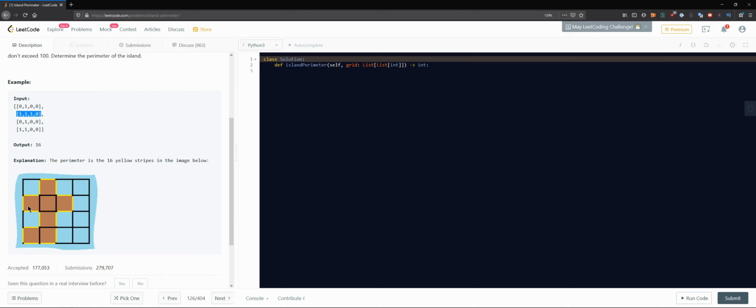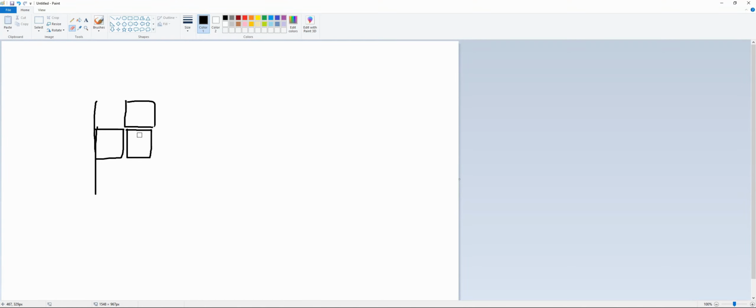Everything that is not touching the side here would have at most 2 other sides that are free, right? Like in this example that you see here, this guy is not touching the edge, so it has at most 2 free sides.